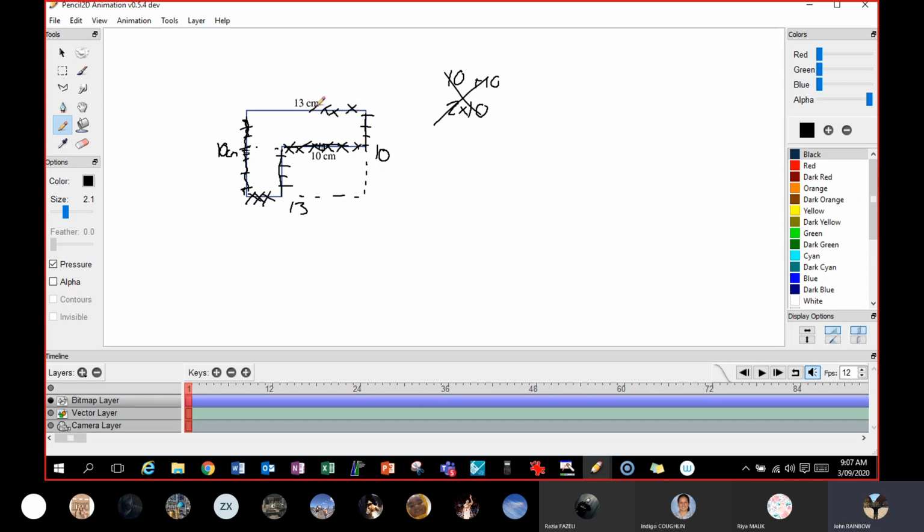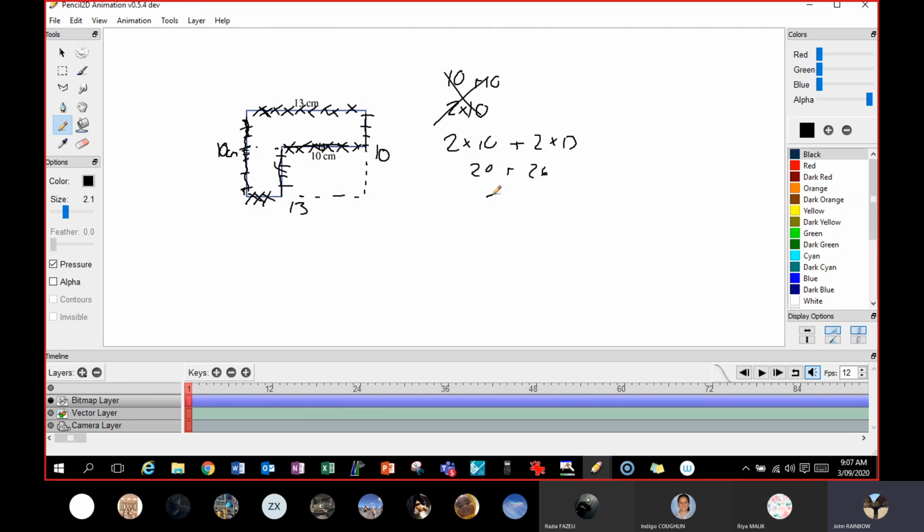That's the same. So sometimes if you don't think you've got enough information, you can slide these backwards, left or right, to make some of the lines fit into each other. So we've actually got two lots of 10, which is this one and this one, and we've got two lots of 13. So it's going to be 20 plus 26. It's going to be 46 centimeters.